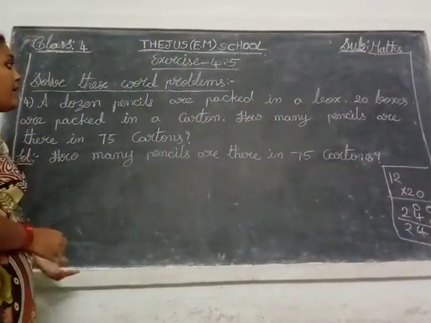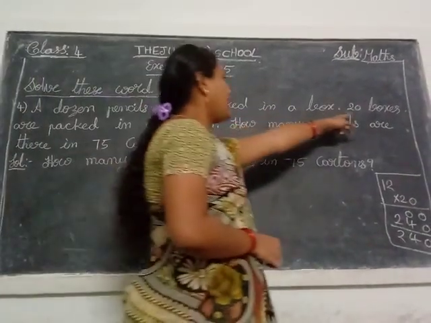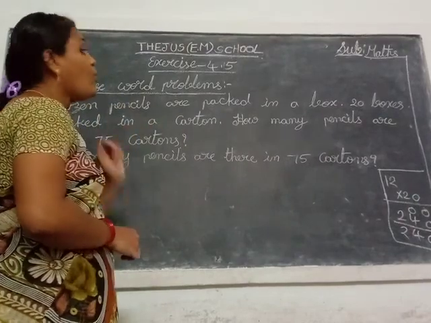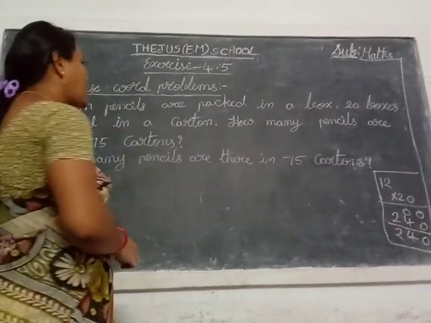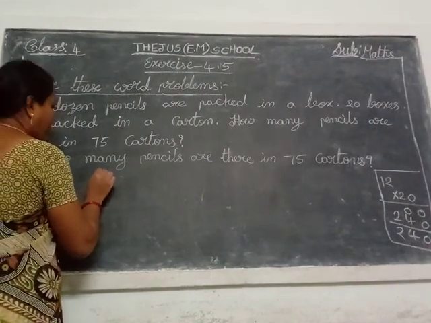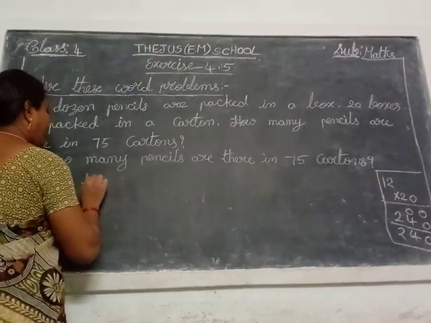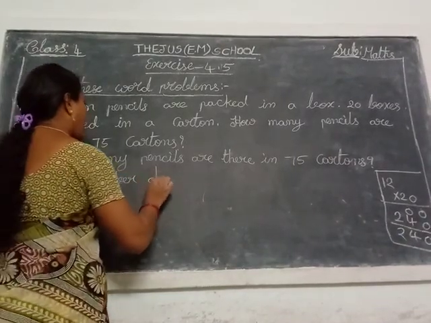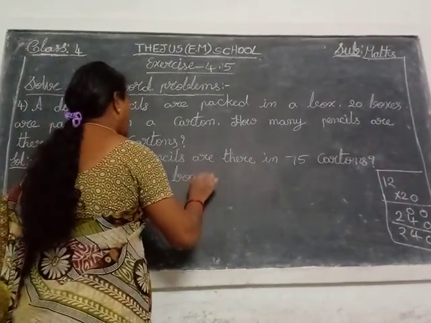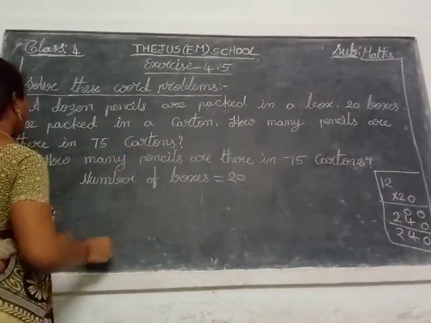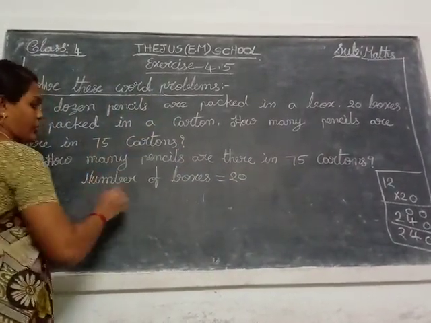So he said 20 boxes are packed in one carton. Say, children. So number of boxes you write here. Number of boxes 20 and number of cartons only one carton.